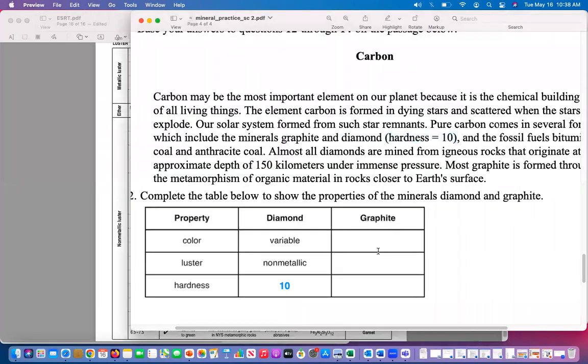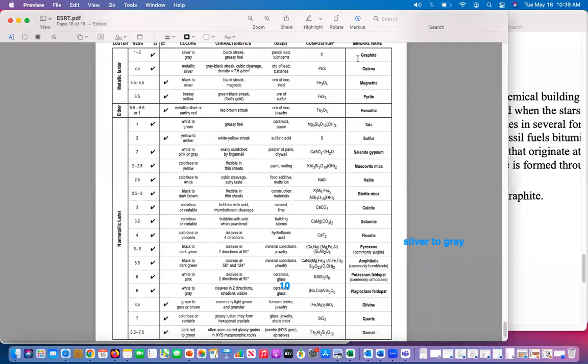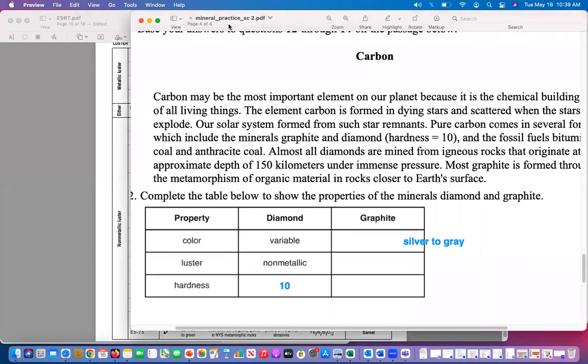If you want to say silver to gray, that's fine. Luster. Graphite is located right here. It has a metallic luster, so I would type metallic.